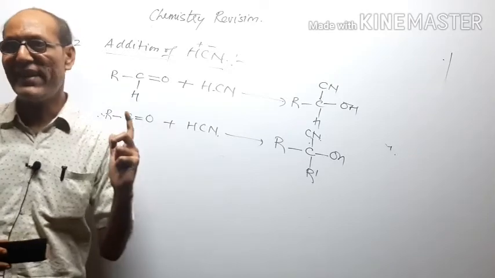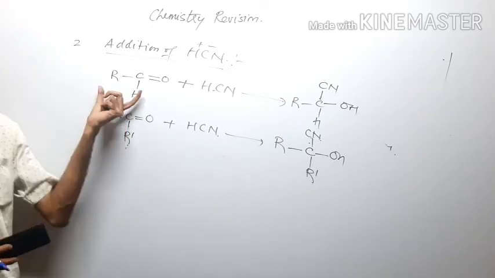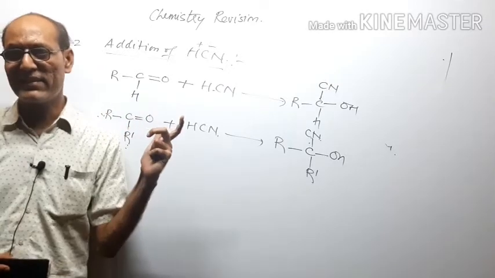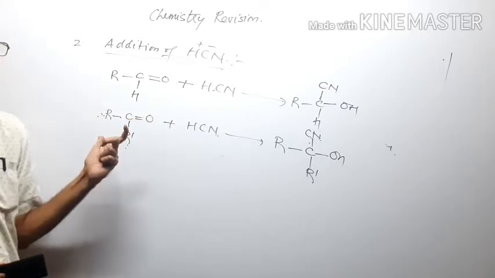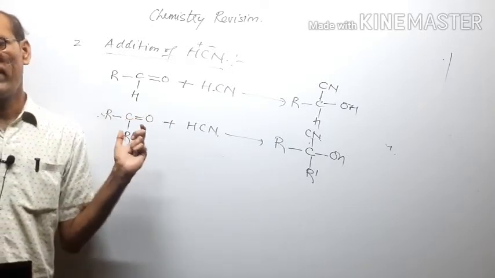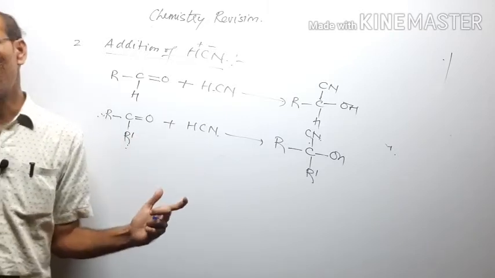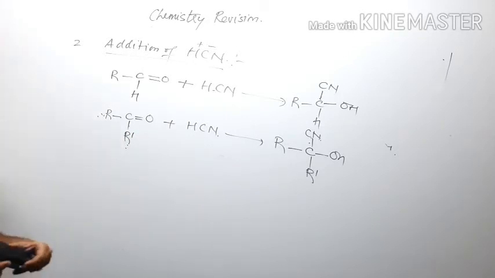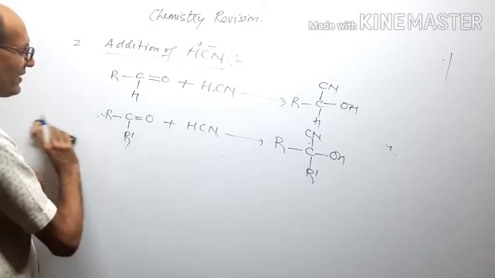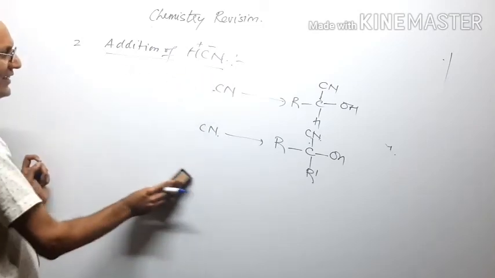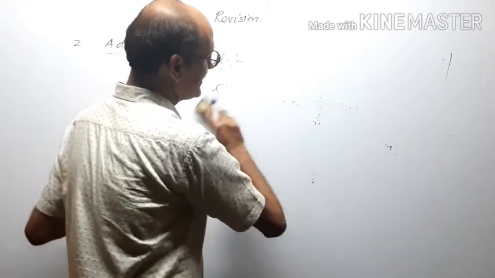Dear student, you can write the reaction for formaldehyde, acetaldehyde, benzaldehyde, and similarly for ketones, acetone, propanone, butanone, acetophenone and benzophenone. So I am writing at least 2 examples, one for aldehyde and one for ketone.